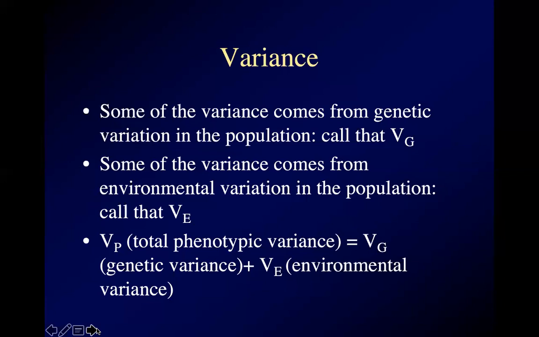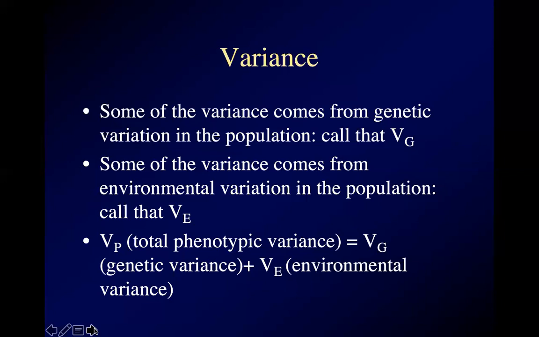Your own height is just what it is, and it doesn't have a variance. Variance is not the fraction of an individual's trait that is down to genes versus down to the environment. It's the fraction of variance over an entire population that is down to genes versus down to environment.